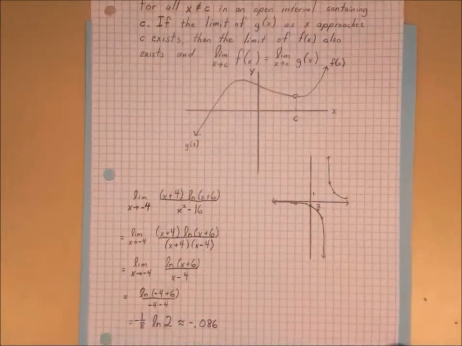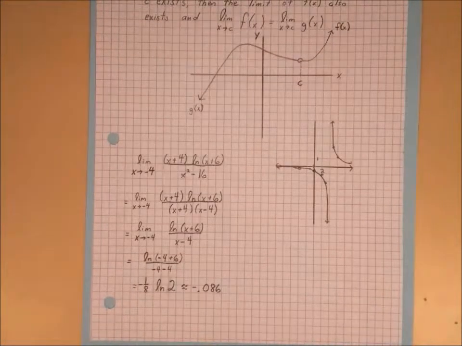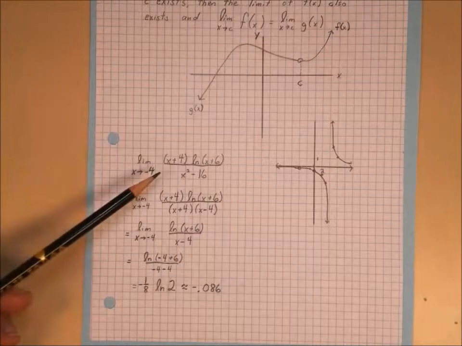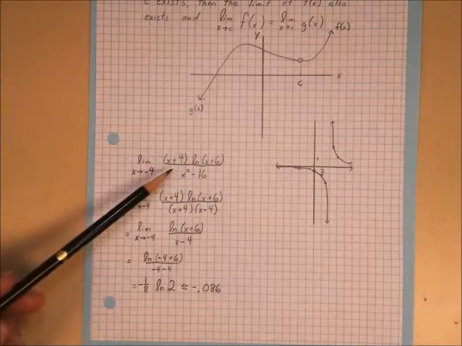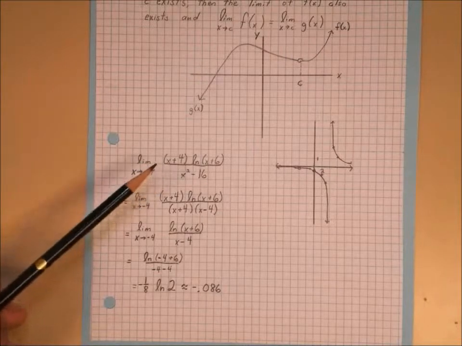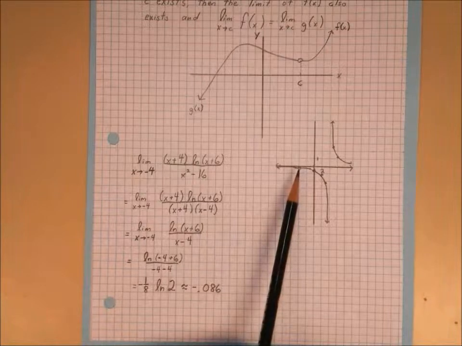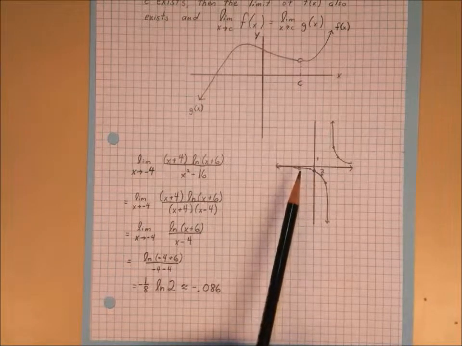if you look at this problem, the limit as x approaches -4 of the quantity in the numerator x plus 4 times the natural log of x plus 6 divided by x squared minus 16. Now over on the right is a very rough sketch of this, and if I let the x go in intervals of 2, this is -4.